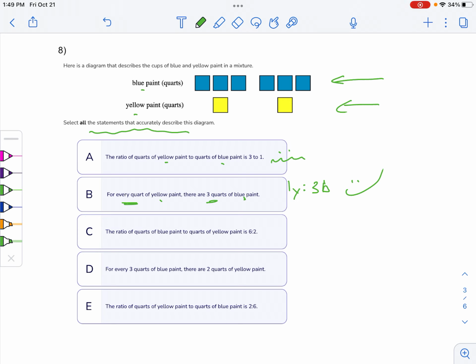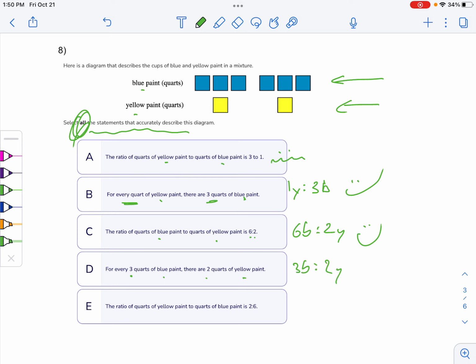Let's check the next one because it says check all that applies. So that means there's probably more than one. Next one, ratio of quarts. So blue, 6 blue to 2 yellow. Is that true? It is. 6 blue, 2 yellow. Yes. All right, we got this. Next one. For every 3 blue, 2 yellow.